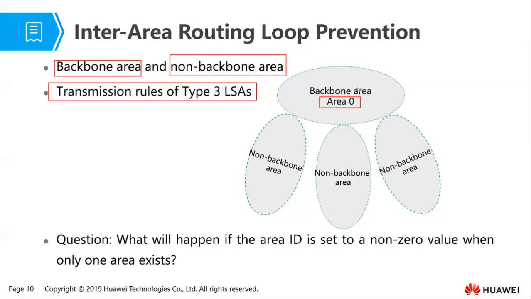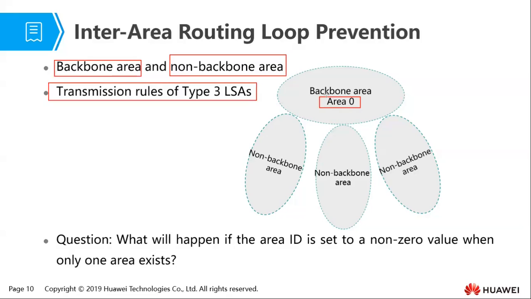So they must be connected to the backbone area. That is number 1. Number 2, all traffic between non-backbone areas must pass through the backbone area.